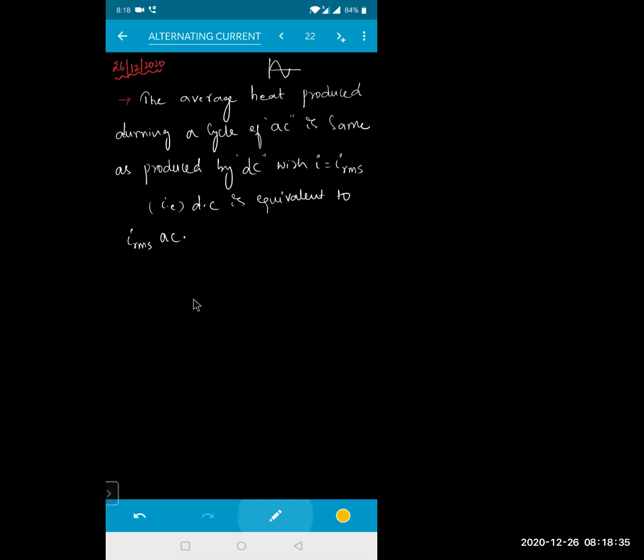Let us see how, for example. How do we write the alternating current formula? Let I equal I naught sine omega t.